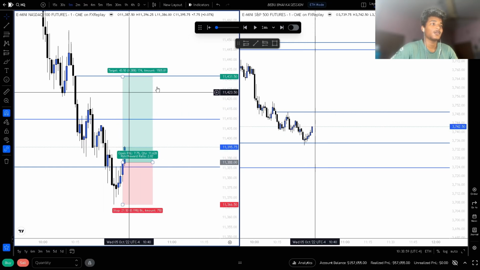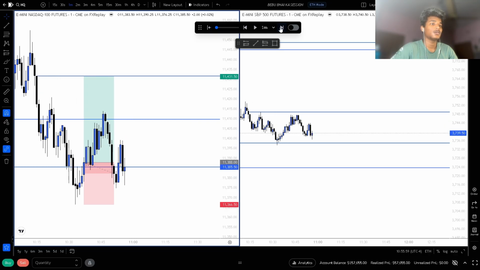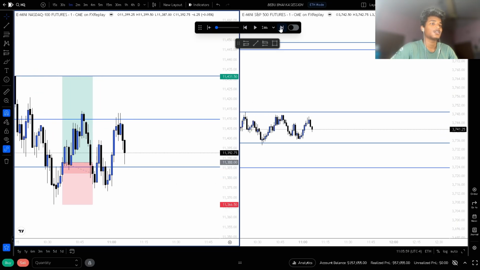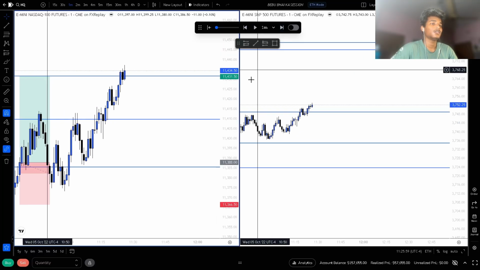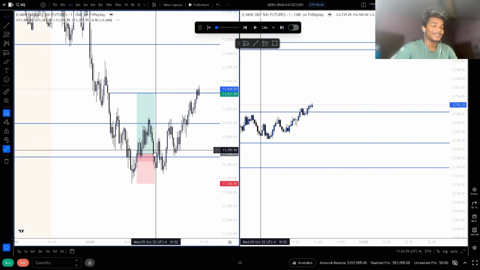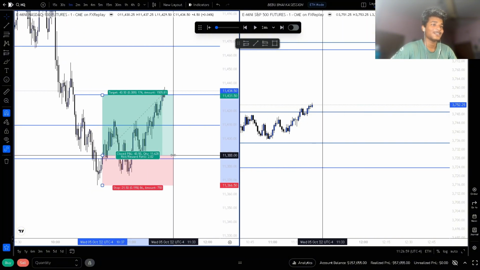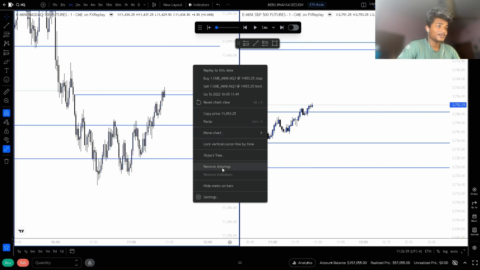This is gonna be a break even point. Market is just chopping, guys. Okay, so this setup ended up playing out. Absolute shit setup, guys.